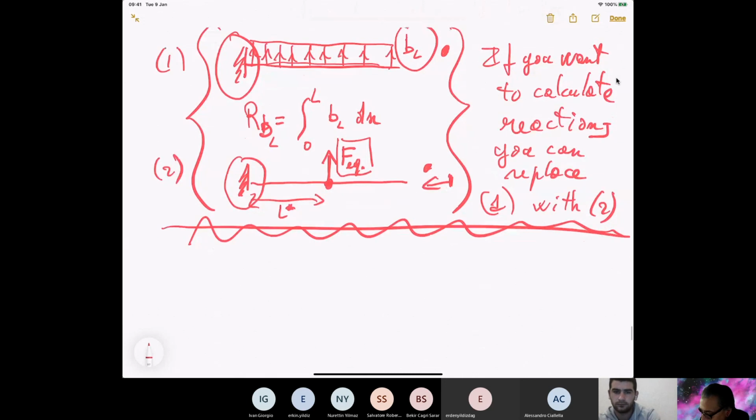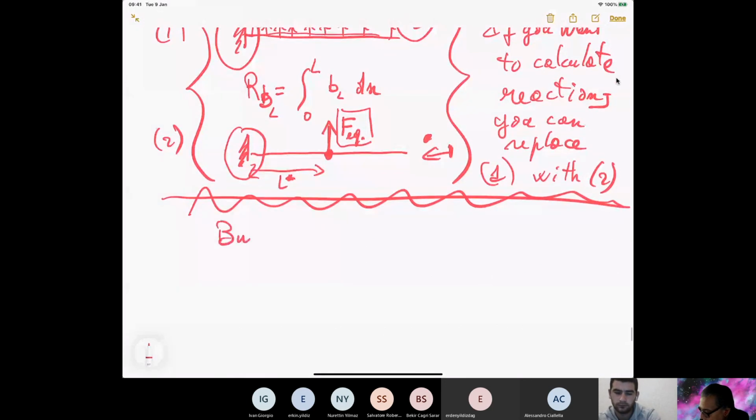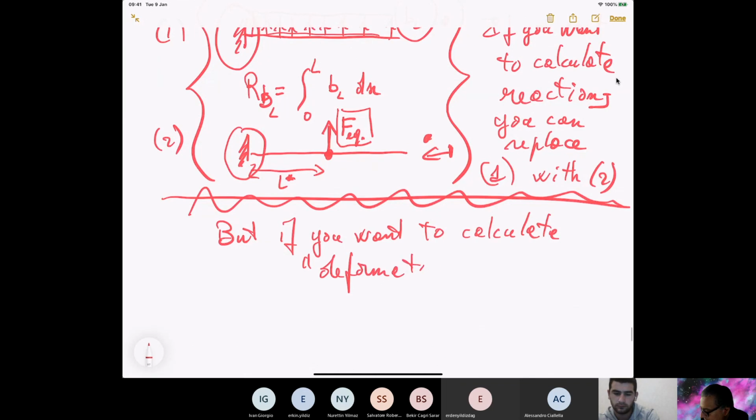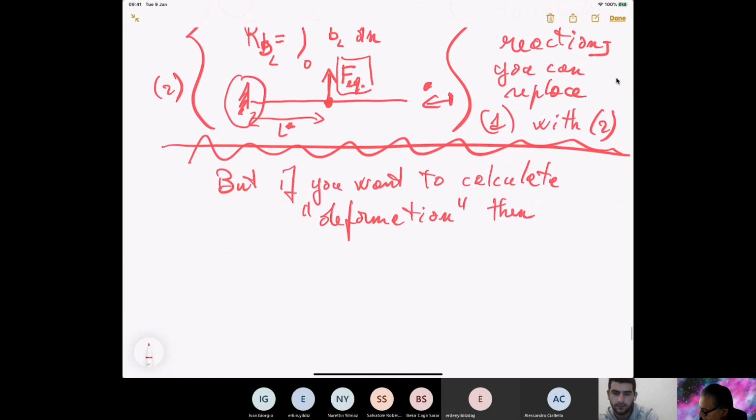But if you want to calculate deformations, then there is a difference.